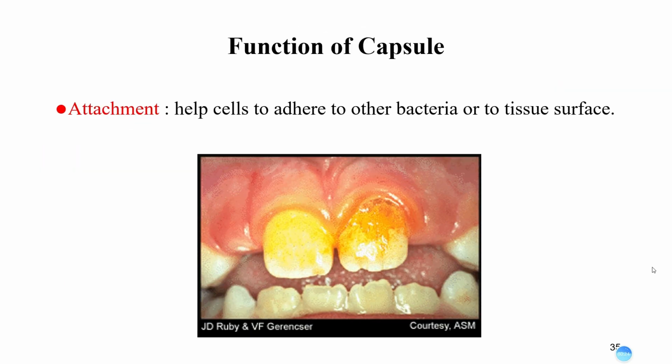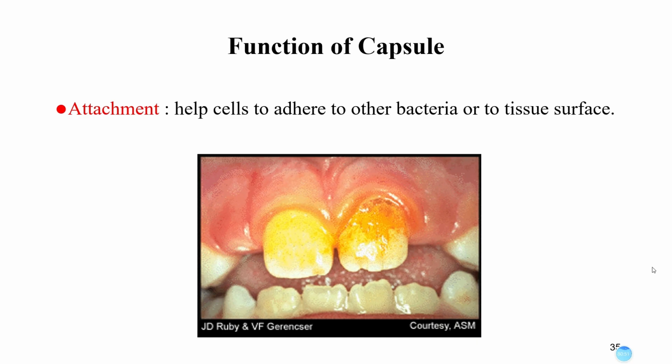The function of capsule, and some of you guys are from BDS major, right? BDS. And this is a famous picture of biofilm on human teeth. The yellow color here, that's biofilm on the human teeth surface. Biofilm is a special layer of bacteria.